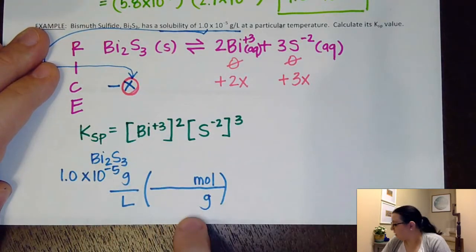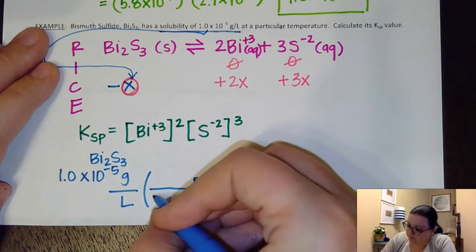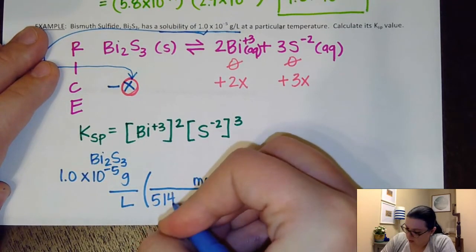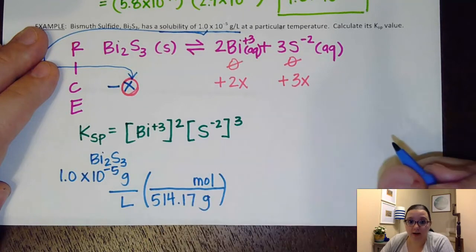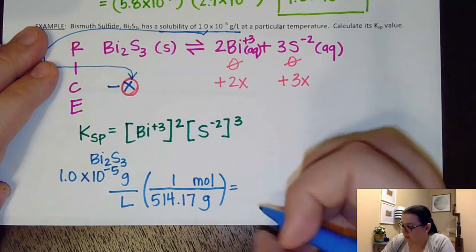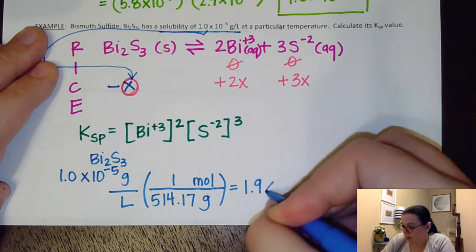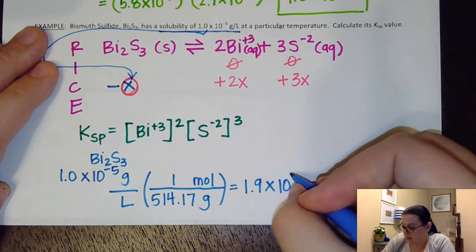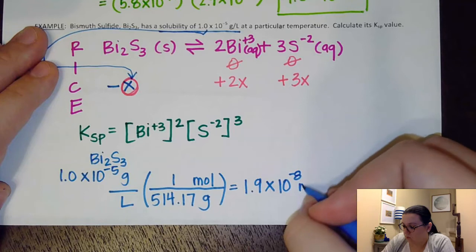I happen to have that value here. It is a big one: 514.17 grams per 1 mole. And when I plug that in, that gets 1.9 times 10 to the negative 8th moles per liter.